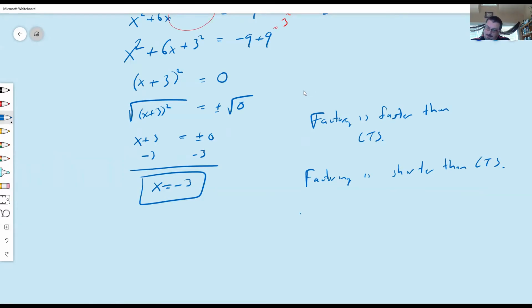However, factoring can fail. CTS, completing the square, always works. It is always best to try to factor first. It takes less space, it's faster in my opinion, and I think it's a little bit easier. I've had people tell me differently, but if you think that completing the square is easier, that's great. If you don't, it's great also.